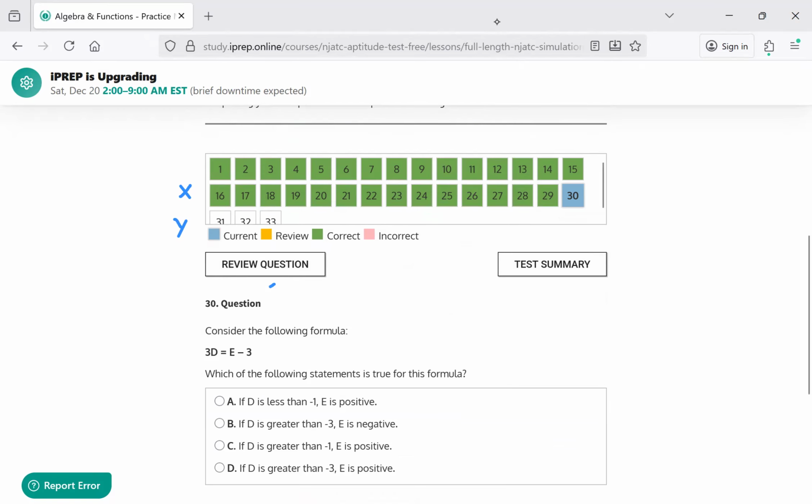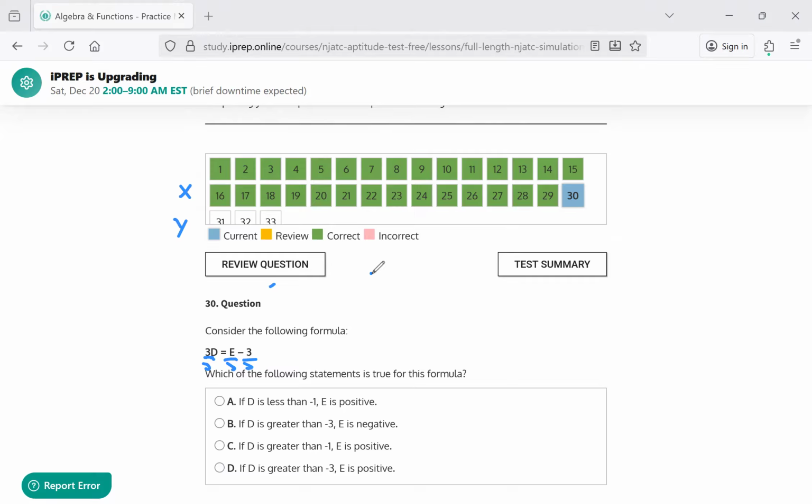Number 30. Consider the following formula, 3D equals E minus 3. So I have a feeling that this is a linear line. Yes, it is a linear line. When you're dealing with linear, you just have to graph it. That's just easier. So what I do first is solve for D, because it's like y. Let's get rid of this 3 by dividing everything by 3.